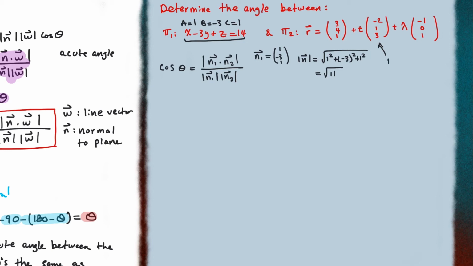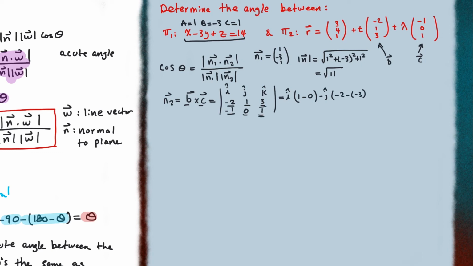Sadly, we don't have the normal to the second plane, but we can use vectors b and c because we know those are parallel to the plane, and we can do a cross product on them in order to find the normal. We're going to use our diagonal multiplication to do this. For the x component, we're going to do 1 times 1 minus 3 times 0. For the negative y component, we're going to do -2 times 1 minus -1 times 3.